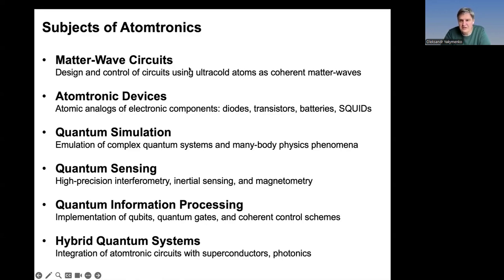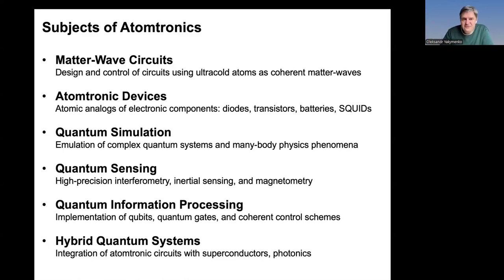And last but not least are hybrid systems, which include the integration of atomic systems, which are called atoms, with superconductors or optical systems like photonic crystals, some metamaterials, and so on.